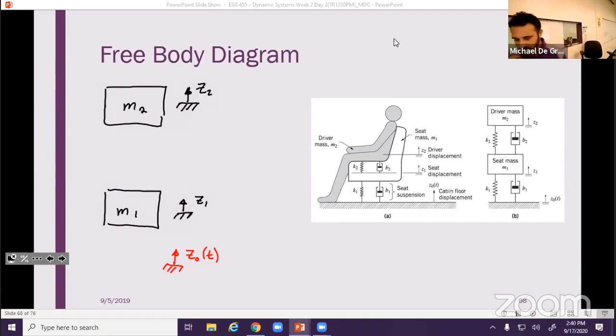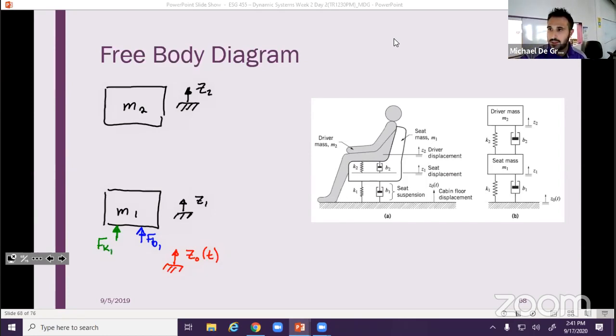All right, so we've got to make some assumptions about how to draw our forces here, right? So if I move the ground up, I'm going to assume that's going to compress the spring and the damper between the mass and the floor. So I'll have FK and FB.